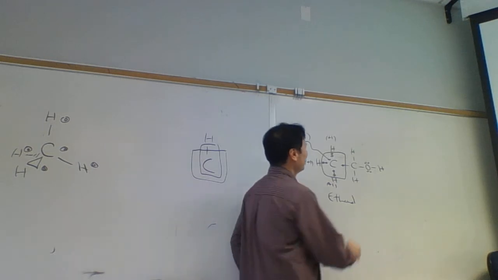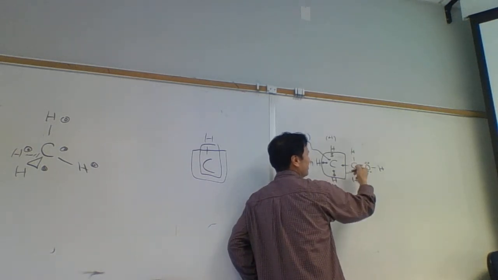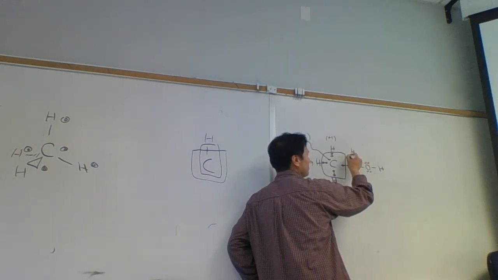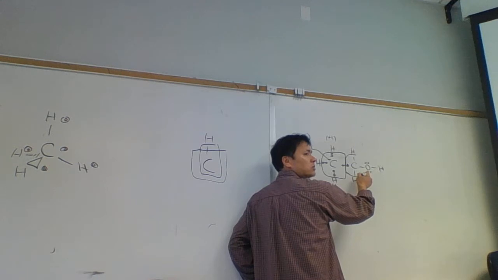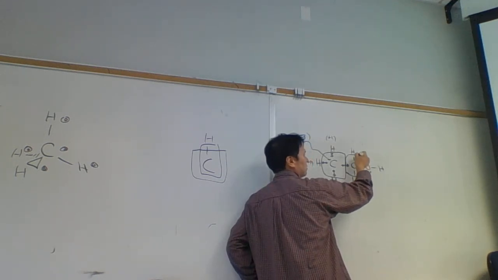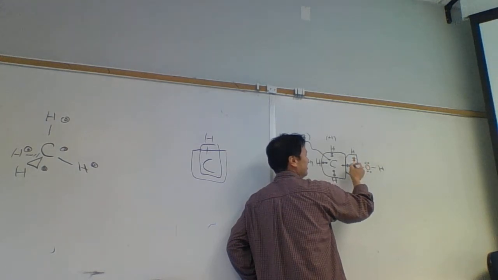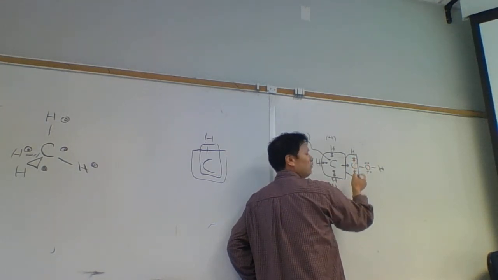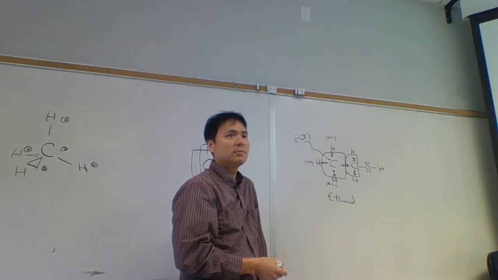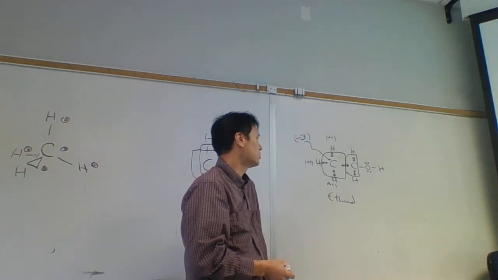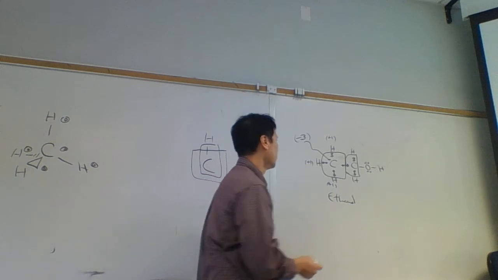Okay, then we go over here. Carbon versus hydrogen, who wins? Carbon. Carbon versus carbon, it's going to be a tie. Carbon versus hydrogen, carbon wins. Carbon versus oxygen, oxygen wins. And so let's count them. 1, 2, 3, 4, 5. Carbon ends up with 5 electrons here. How many did it contribute? 4, so it ends up with 1 extra.